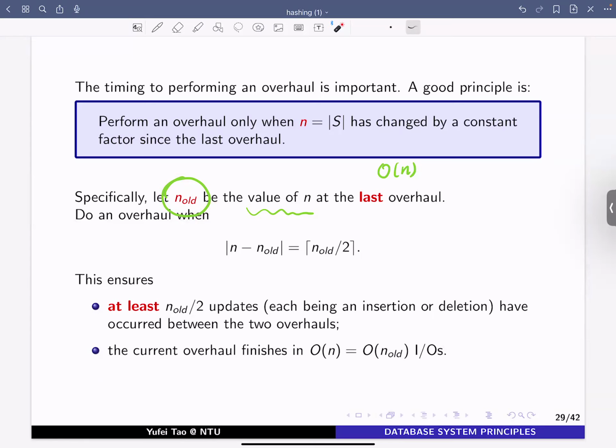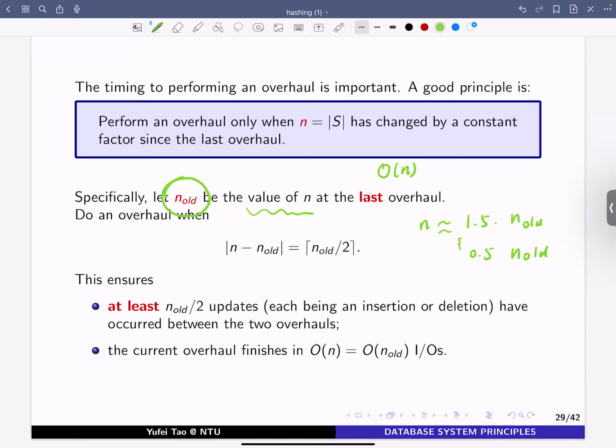So the next overhaul becomes necessary only if this condition becomes true. This condition, if you ignore the ceiling, which I will ignore now just for simplicity, essentially says that the value of n is roughly either 1.5 times NO or 0.5 times NO. So the number of elements in the set right now has increased by 50% or has decreased by 50%.